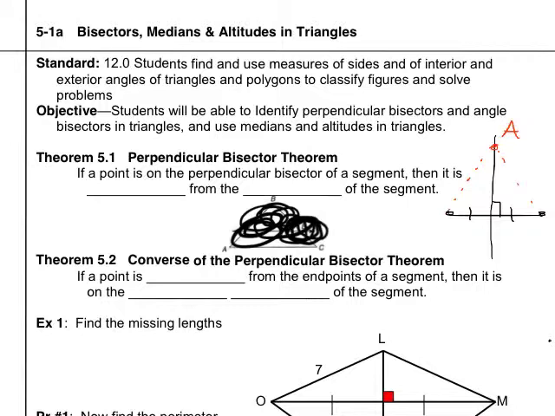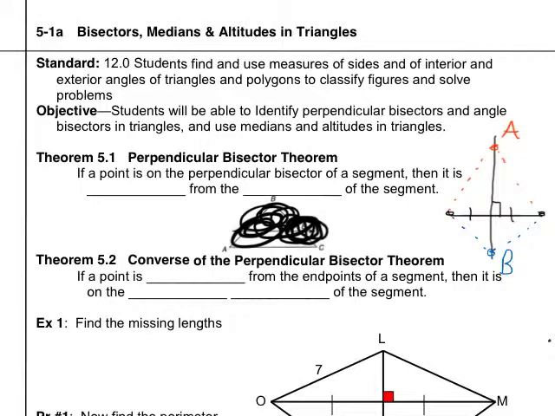It doesn't matter where I put it on this line here. It'll always be equal distance from both of these sides. So I could put it down here, call it B, and it'll still be equal distance from both of these. And that really is what the perpendicular bisector theorem is.